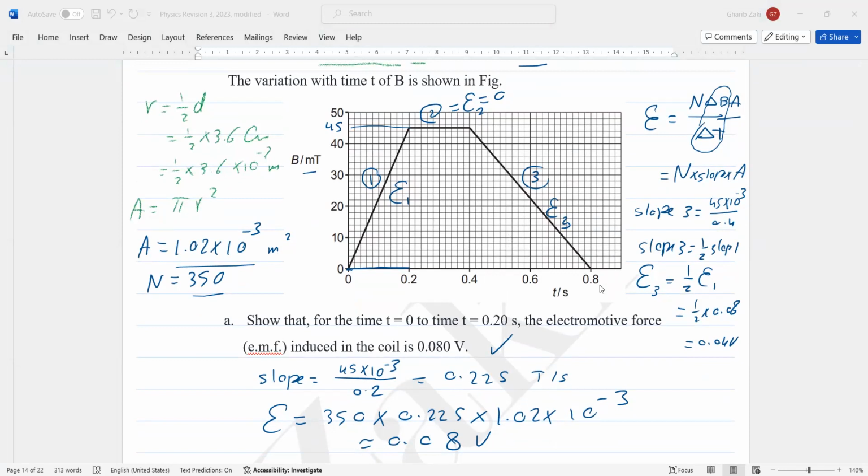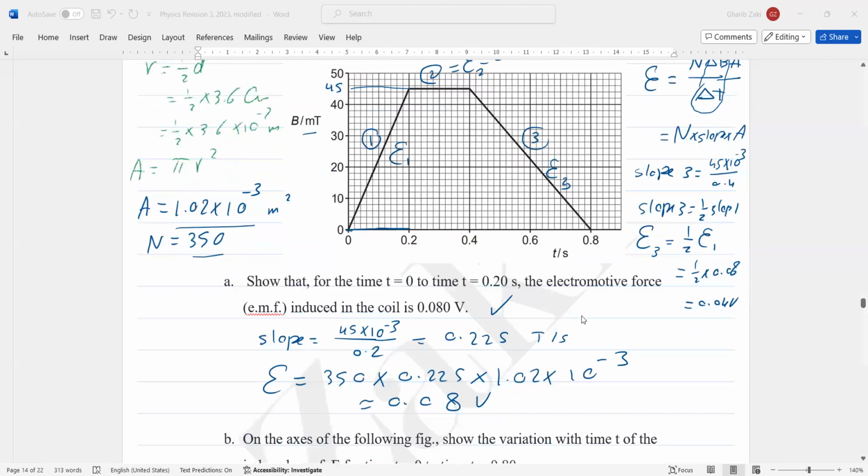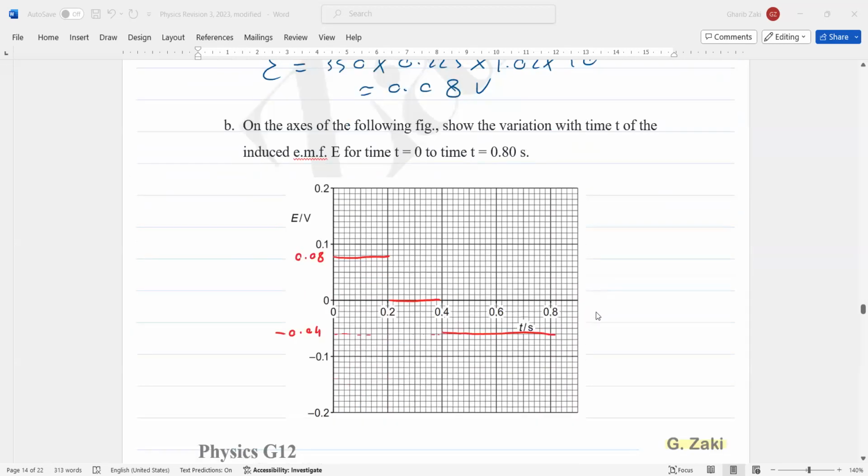From 0.4 to 0.8, it's a negative slope. And the first part, from 0 to 0.2, is steeper than from 0.4 to 0.8. The slope in the third line is half the slope of the first line, so EMF in the third line is 0.04, half of 0.08, but in the opposite direction, negative.